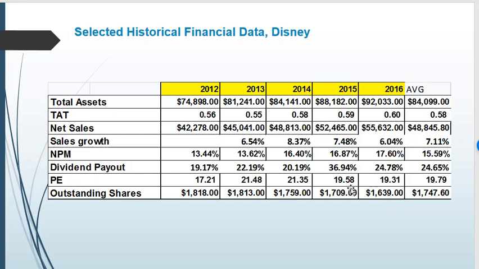Right? I mean, if you look at sales growth, 6.5, 8.3, 7.4, 6, I mean, 7% seems to be a reasonable adjustment. We don't seem to have a lot of up or down, although there's been a little bit of a trend downward, right? So 7.11 probably sounds like a reasonable estimate, if you will, of the future, unless I know something else about what's going on in the company.